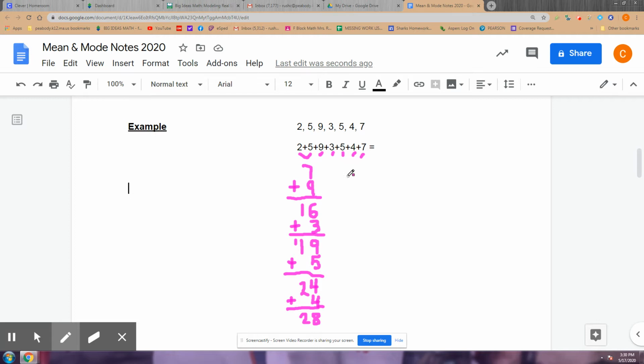So I'll bring it up here, 28 plus 7. Sometimes as a way I remember this is I say the mean is really mean because it makes you add up all the numbers and then you have to divide by how many numbers there are. So let me finish this. 28 plus 7 is 35. All right, great.